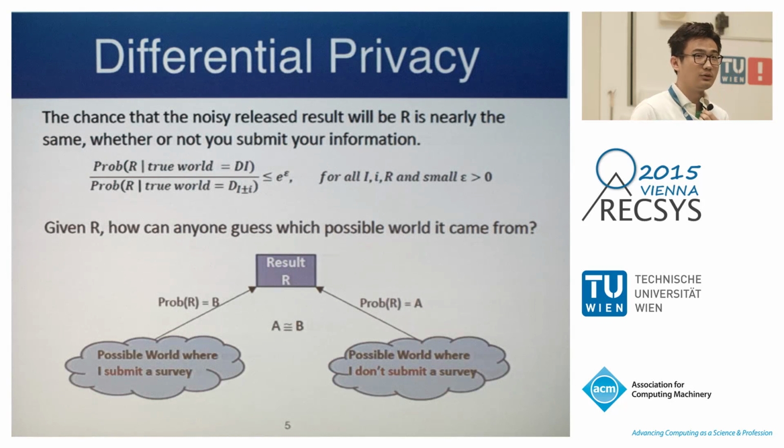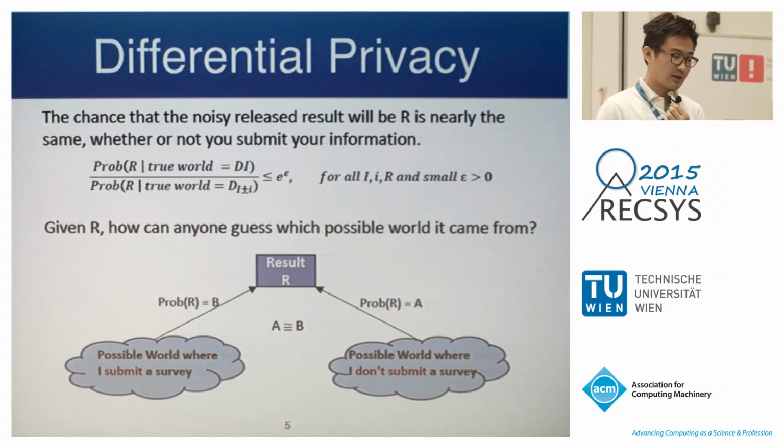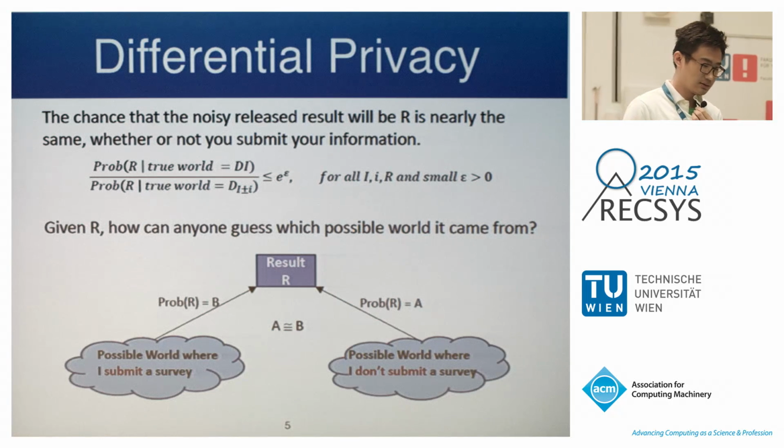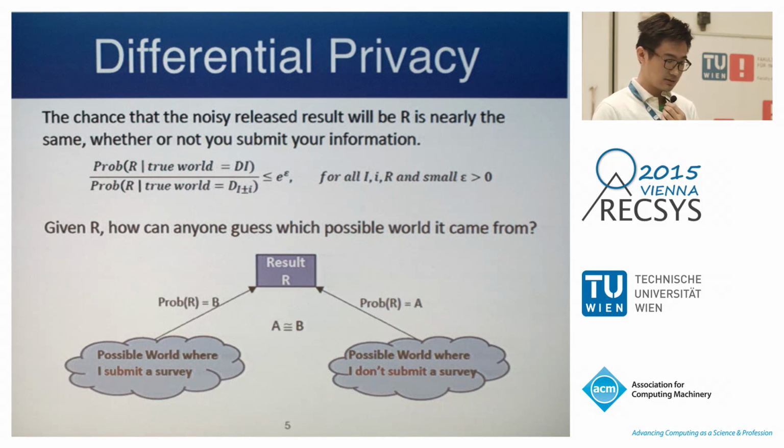This comes to differential privacy. Actually, we had a great talk yesterday, and here I just give a simple concept of it. The chance that the noisy release result is nearly the same given any two datasets whose Hamming distance is 1.